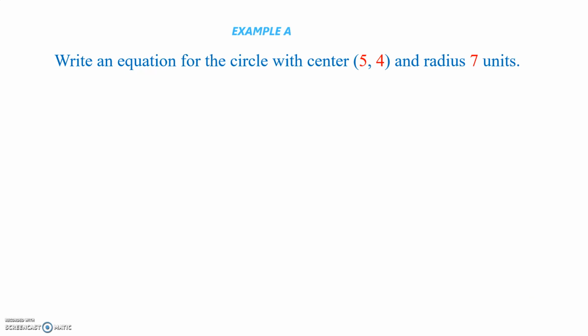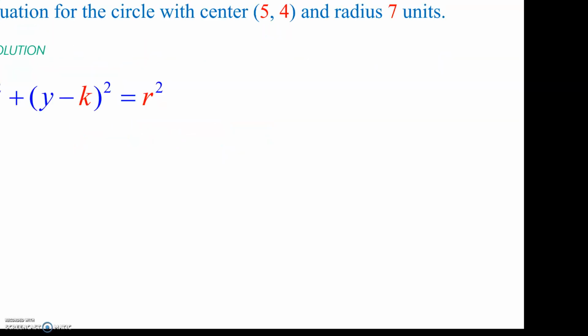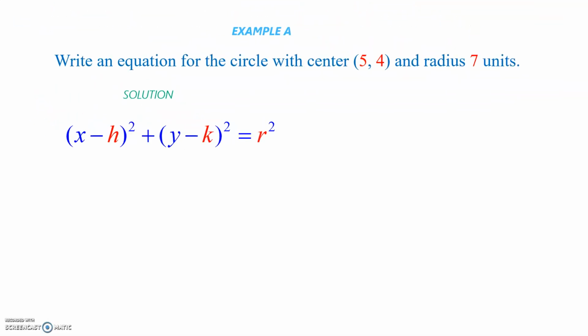Okay, here's an example. Write an equation for the circle with center at 5, 4 and radius of 7. So here's my solution. I'm going to use the equation. Whoops, made it too big there. Okay, this 5 is my h, because it's the x of the center, and the y of the center is my k value, so that's 4.